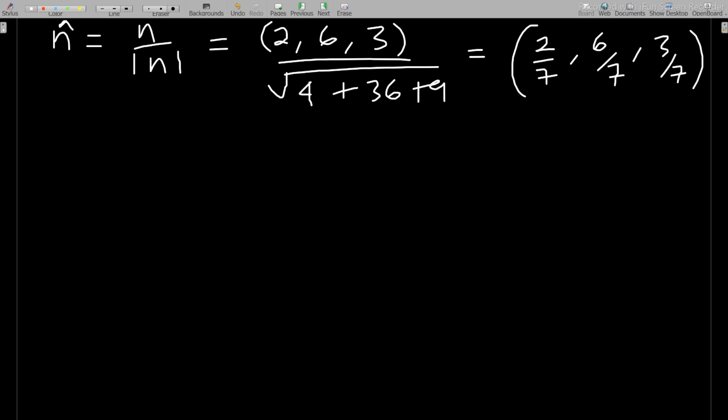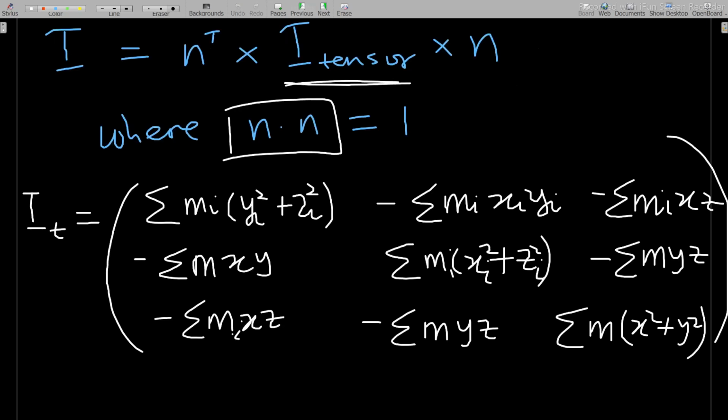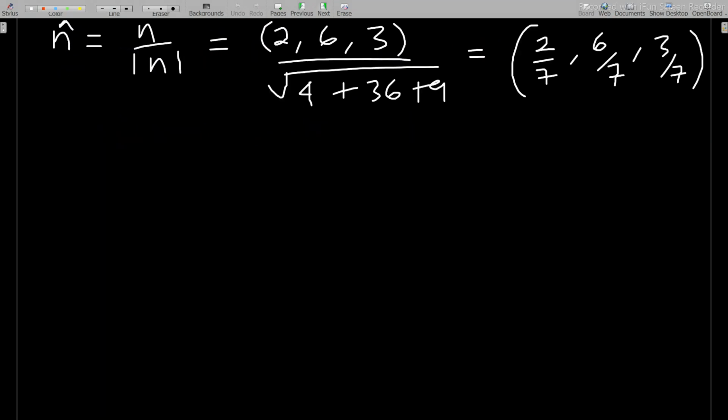Then with the inertia tensor, you can see that there is this summation of mi times yi squared plus zi squared. We have all these, so we have to compute all of them. So first of all, we pick the summation of mi, yi squared plus zi squared.